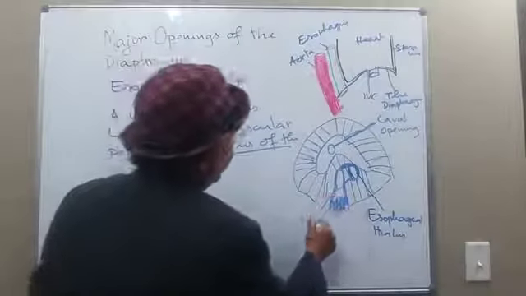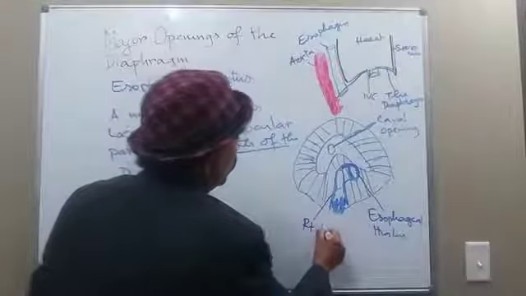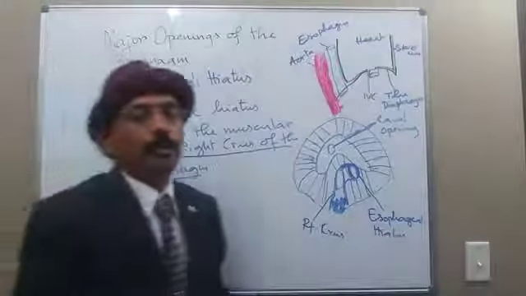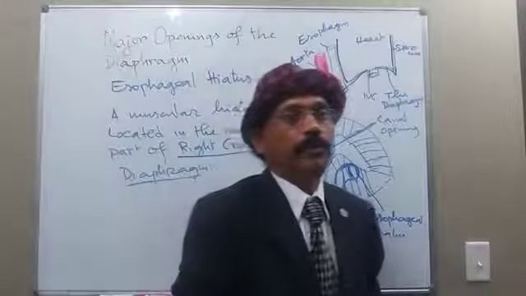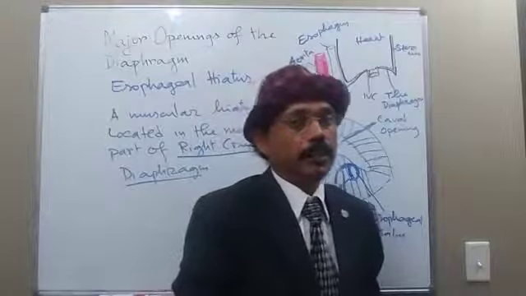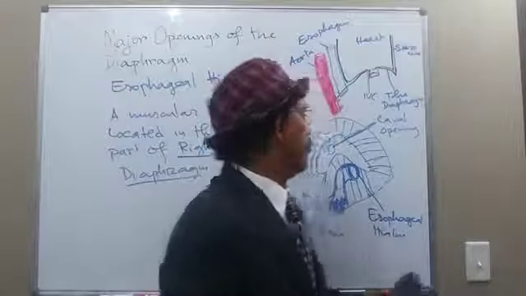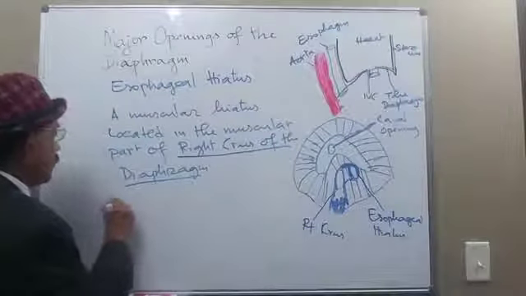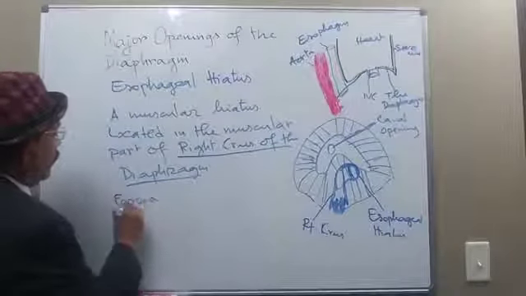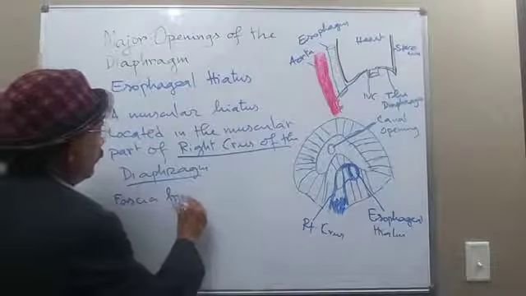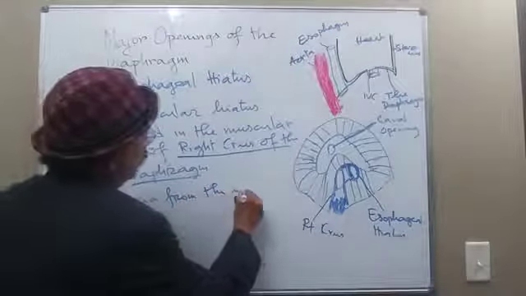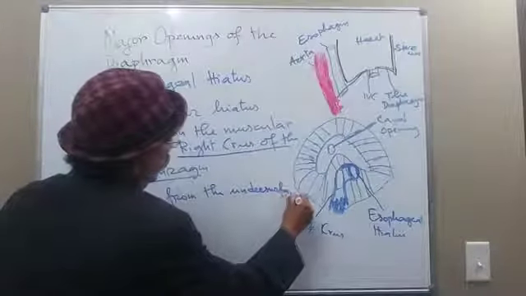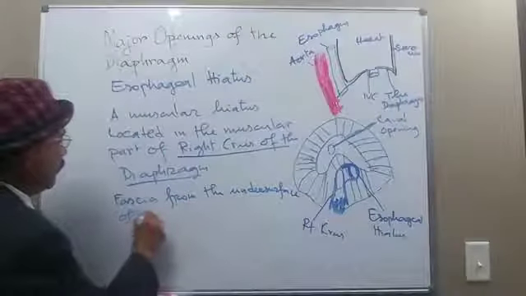Okay, so it works as a sphincter mechanism for the esophagus. Although the esophagus is not connected to this opening, we have a fascia from the under surface of the diaphragm.